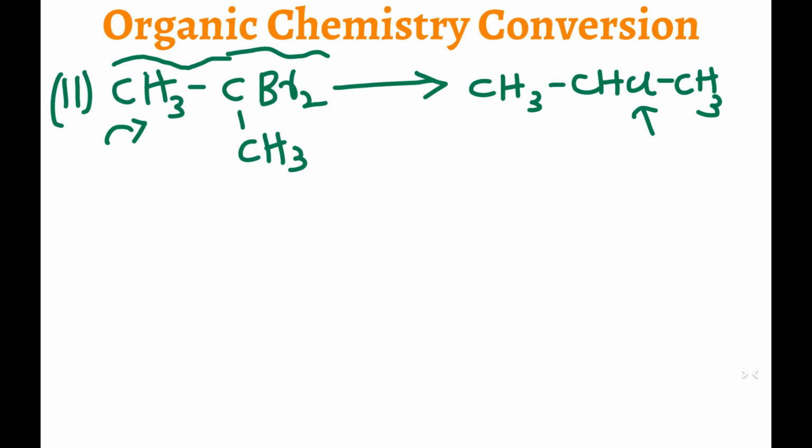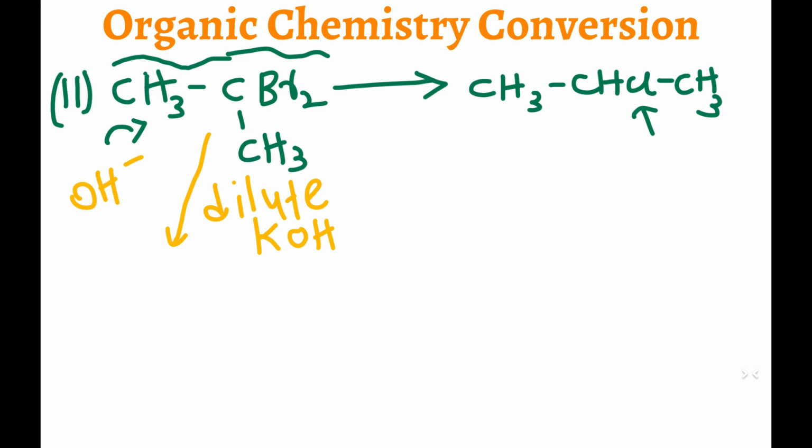Initially, we have to use dilute potassium hydroxide or sodium hydroxide. Then this becomes OH minus, and OH minus is the nucleophile in this first step, and that becomes a nucleophilic substitution reaction. The product should be just like this.